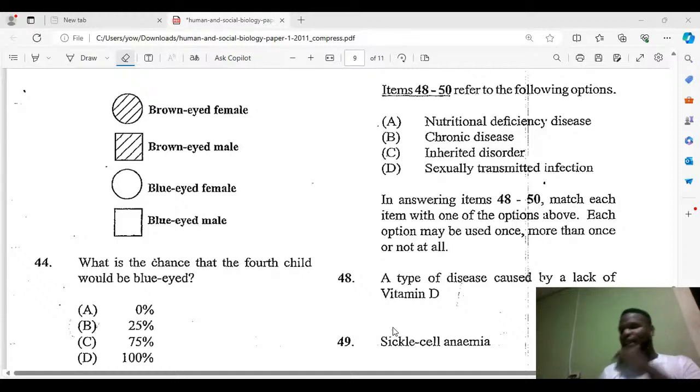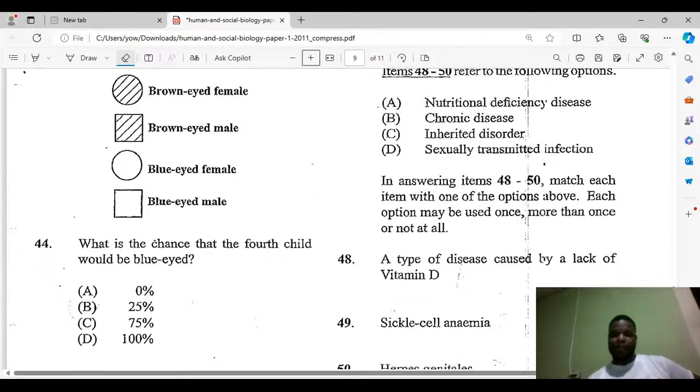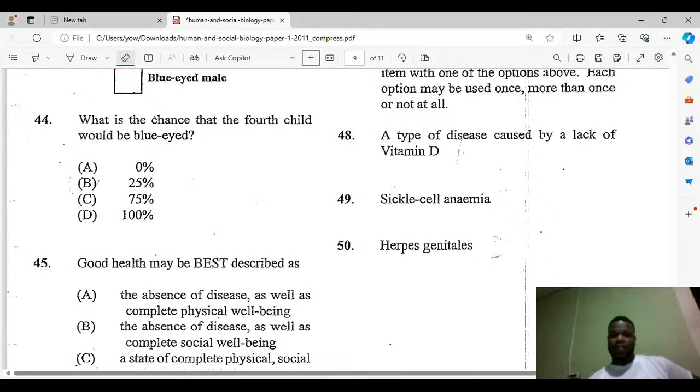Sickle cell anemia, what's that? For 49, I'm seeing C. It's an inherited disorder. Yes, 49 is C. Brilliant. Let's move on. What's 50? Herpes.